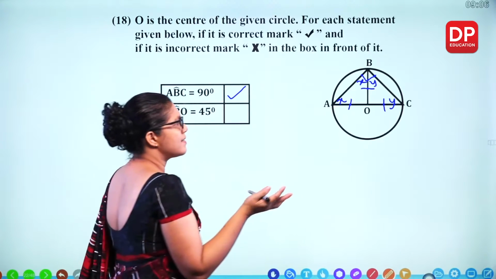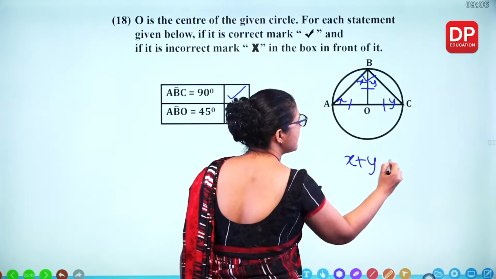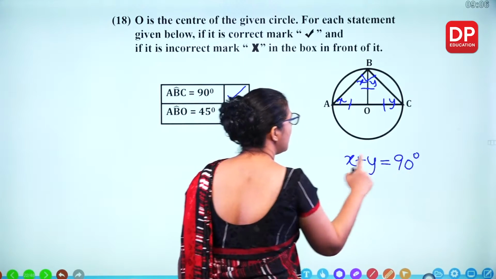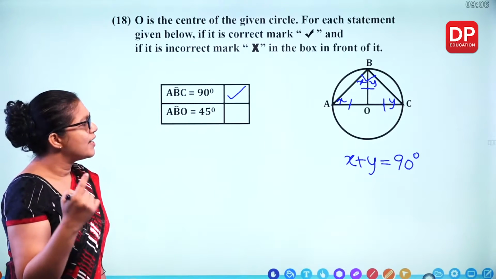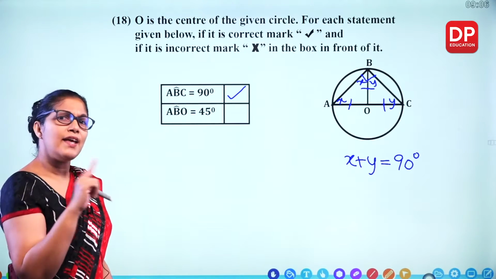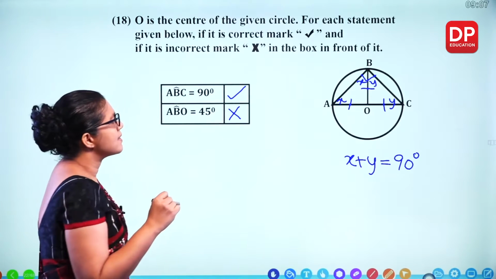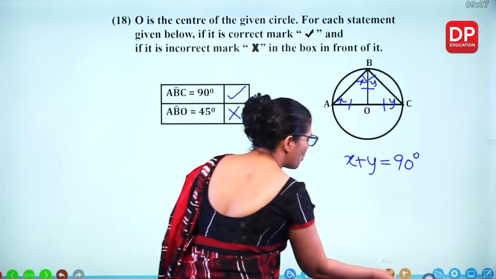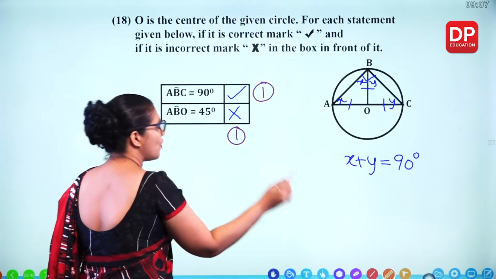What you can say, x plus y is 90 degrees. But we can't say x is 45 or y is 45. Only the sum is 90 degrees we can say. So this is wrong statement. So you get 2 marks, 1 mark here and 1 mark for this one.